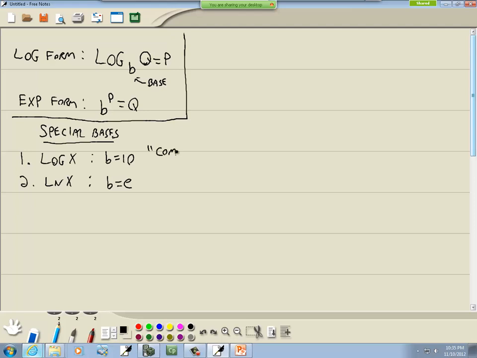This first one is called our common log, and the second one is called our natural log. I'll refer to it as ln a lot, just to shorten it instead of saying natural log over and over.